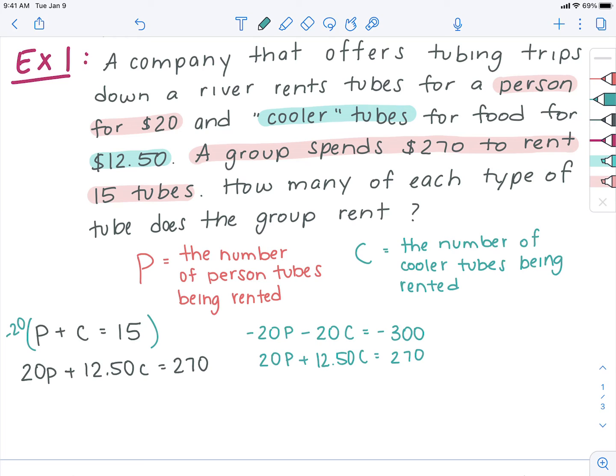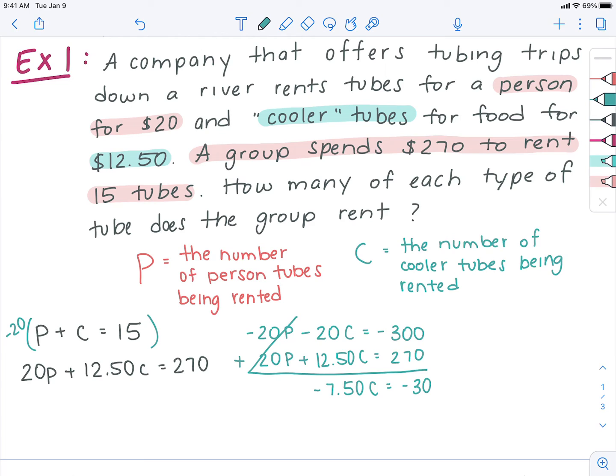So I can go in and I can say, okay, let's add these together, which will cancel out my p's. Negative 20 plus 1250 gives me negative 750c, which equals negative 300 plus 270 gives me negative 30.